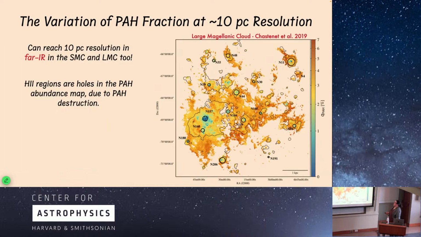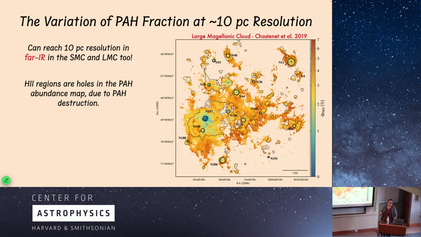I just want to point out that we can also do this at similar resolution in very nearby galaxies in the far infrared. This is now the gold standard q_PAH using far infrared observations. In the LMC, you can see that every H II region, which has this thick circle, is a dip in the PAH fraction, just like what we saw before.